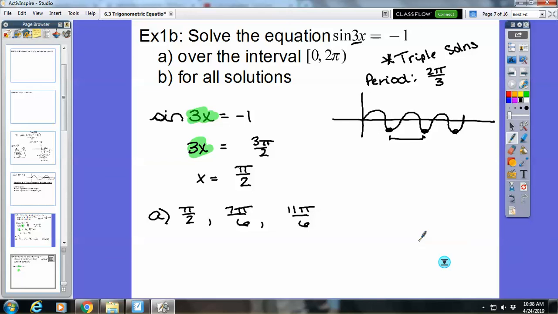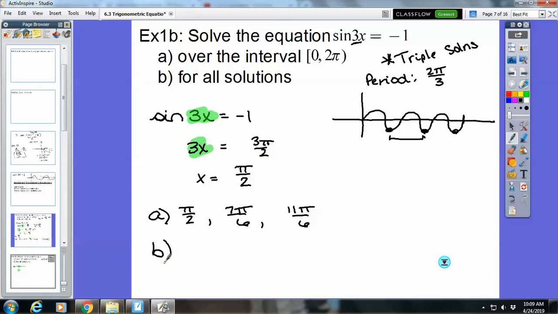If you added it one more time, go ahead and add 2 pi over 3 one more time. 5 pi over 2, that's like 2.5 pi. That's outside my 0 to 2 pi window. So basically, we knew we were going to get triple answers. So since I had 1, that meant I would have 3 total. Or you could just think I'm going to add my period until it's bigger than 2 pi, and then I stop.